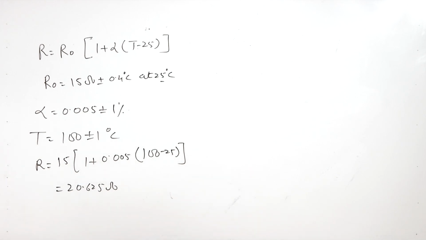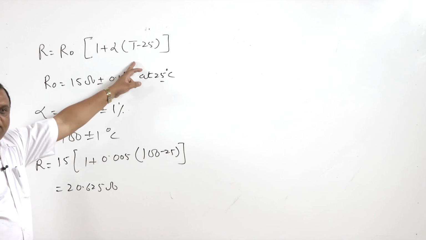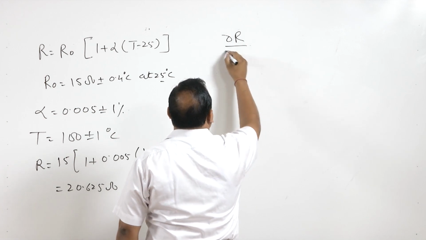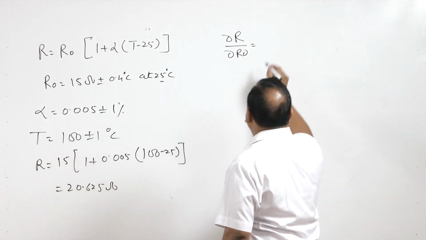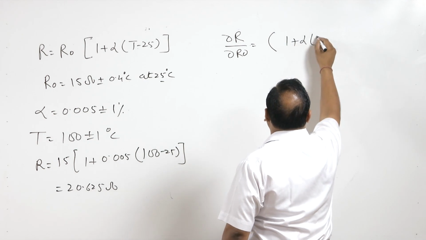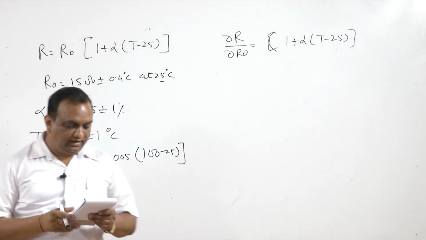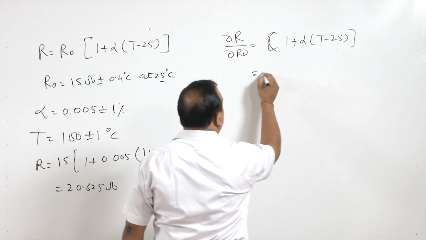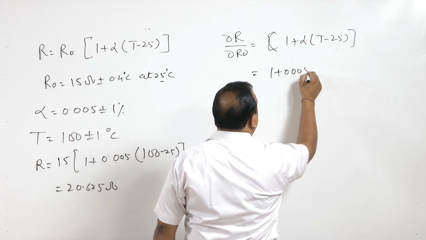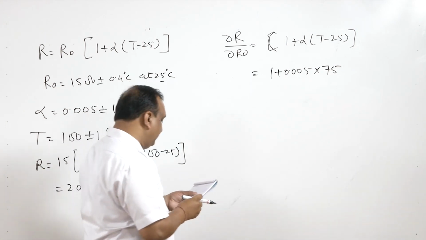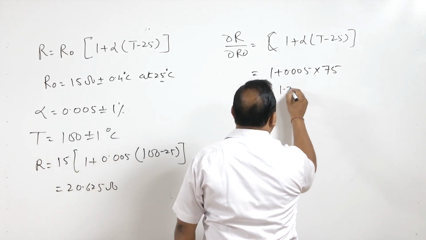Now we have to find the uncertainty in the measurement. So we will differentiate R with respect to R0, R with respect to alpha, R with respect to T. So del R by del R0 is equal to 1 plus alpha into T minus 25, which is 1 plus 0.005 into 75, and that will turn out to be 1.375.